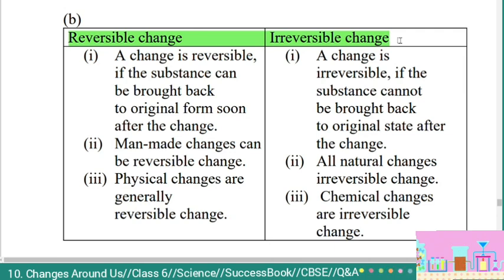Second point, in the reversible change, man-made changes can be reversible change. In the irreversible changes, all natural changes are irreversible changes. Third point, physical changes are generally reversible changes. In the irreversible change, chemical changes are irreversible changes.